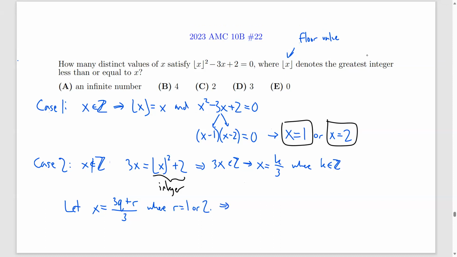So with this change of variables, we see that the floor value of x is equal to the floor value of 3q plus r over 3, which is equal to q. And moreover, we see that 3x is equal to 3q plus r.